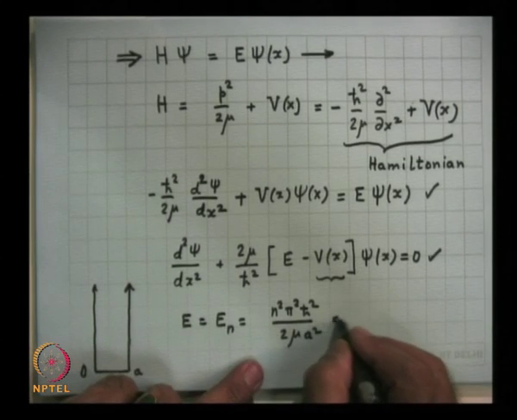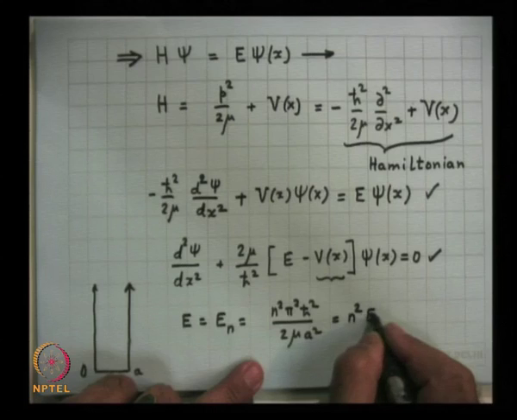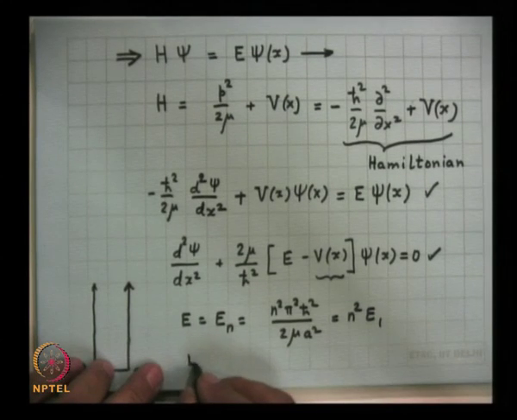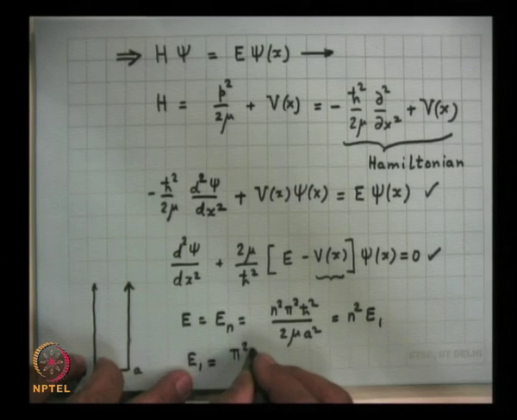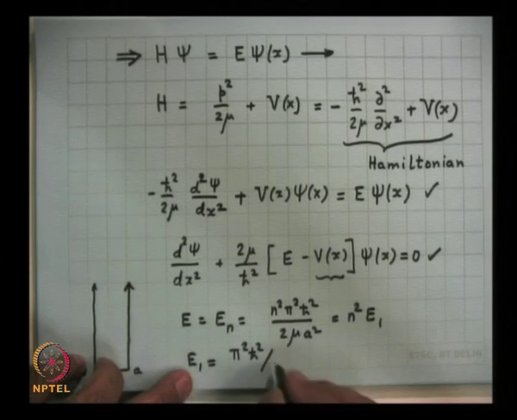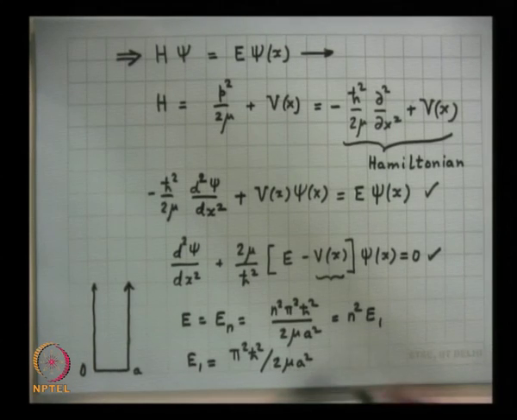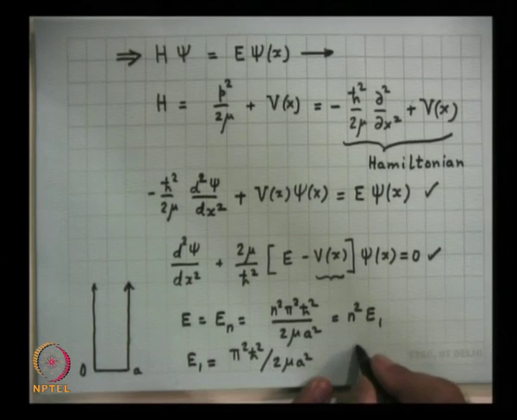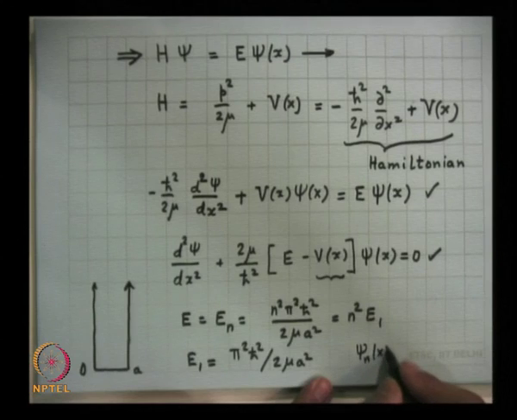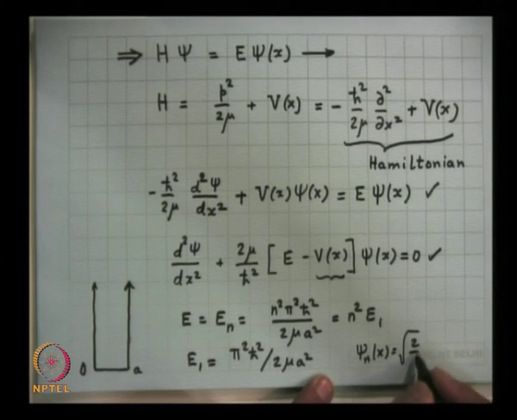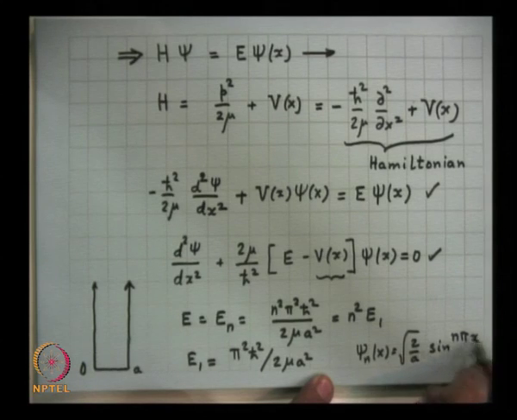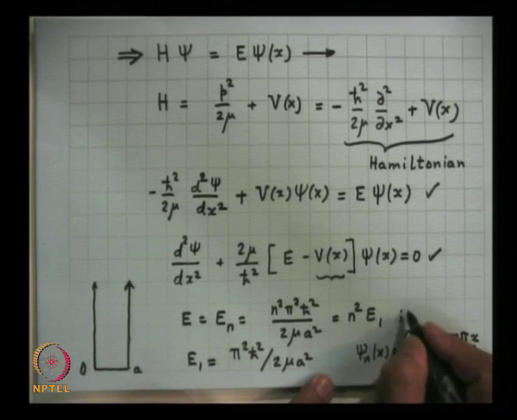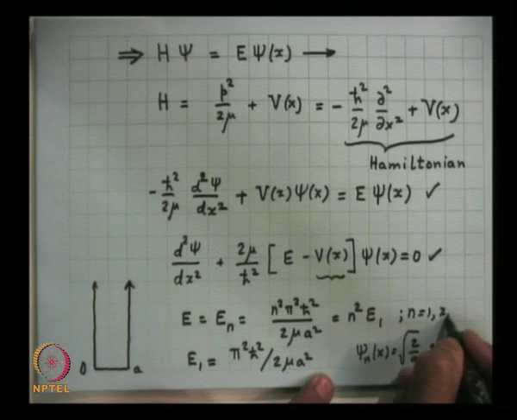This is equal to n square E 1, where E 1 is the energy level corresponding to n equal to 1, the ground state energy, pi square h cross square by 2 mu a square. The corresponding wave function was given by psi n of x equal to under root of 2 by a sin n pi x by a, where n takes the values 1, 2, 3, etc.